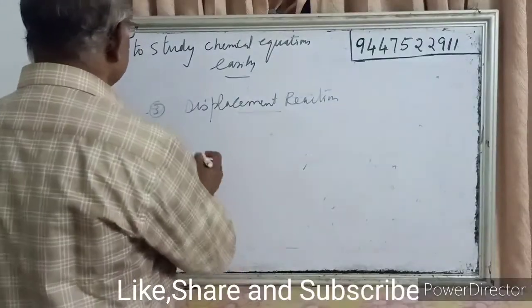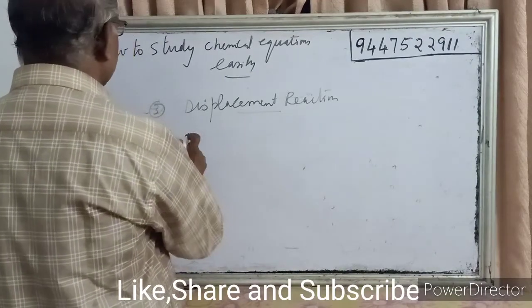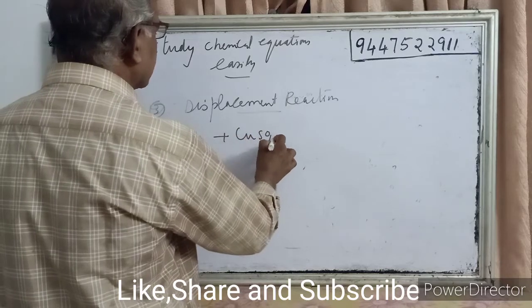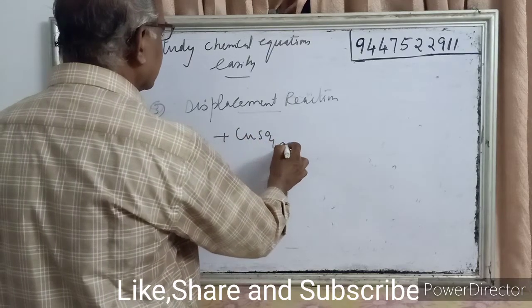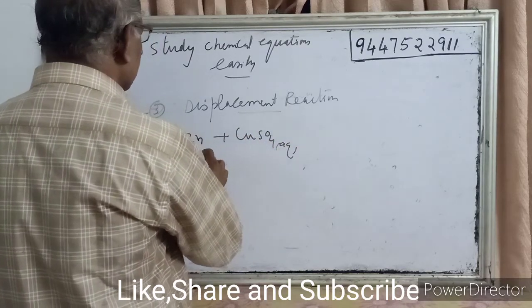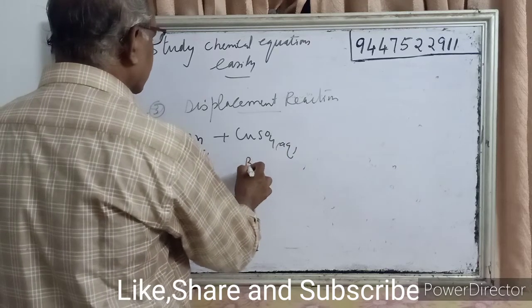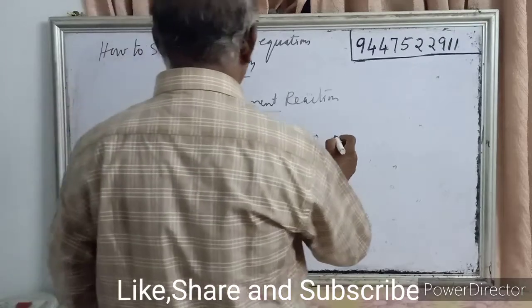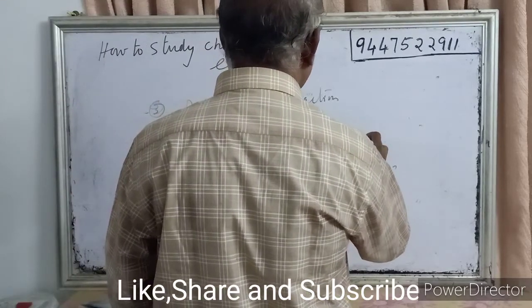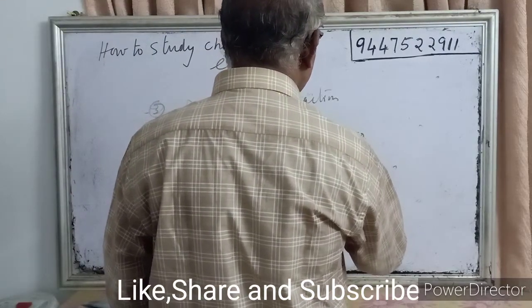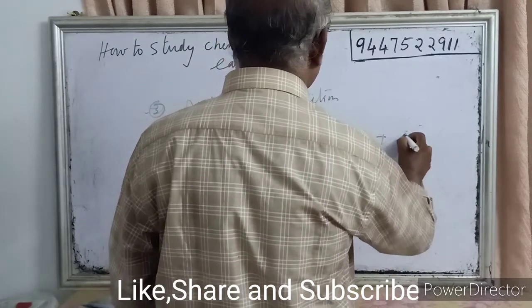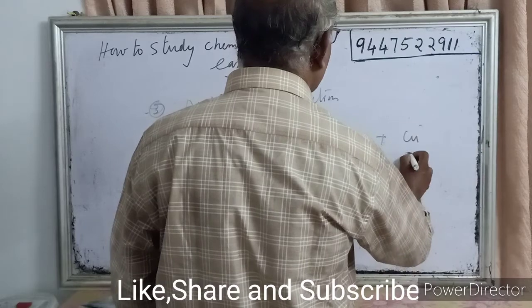So for example, when you add zinc to copper sulfate solution, which is blue in color, this gives zinc sulfate, colorless, plus copper, which is brown.